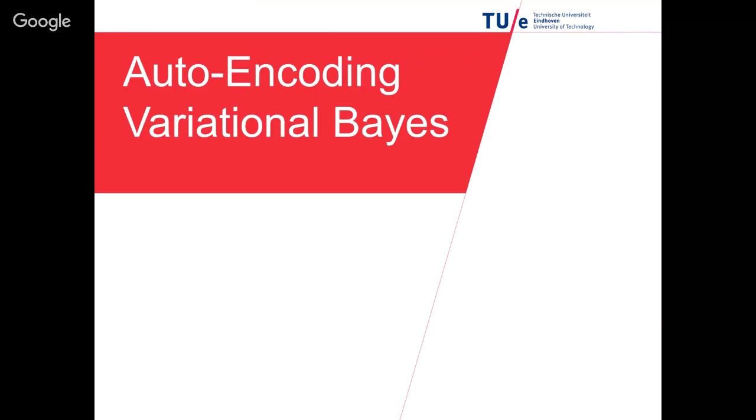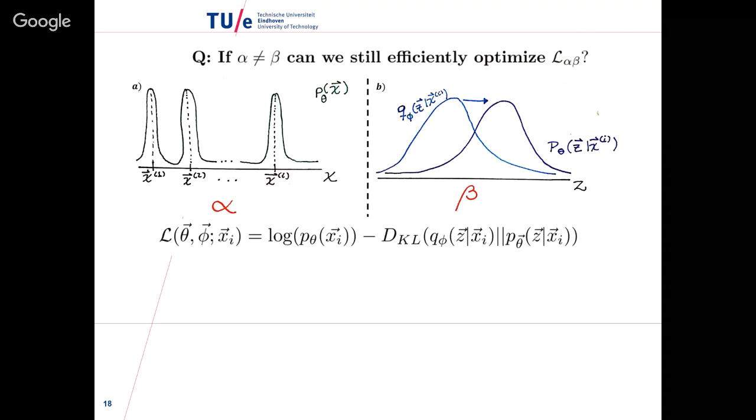So for the autoencoding variational Bayes, one of the questions that might arise is what happens with this objective function that we're trying to maximize. We recall from the previous slides that what we're trying to do is to approximate the marginal distribution of our data set with respect to the parameters theta.